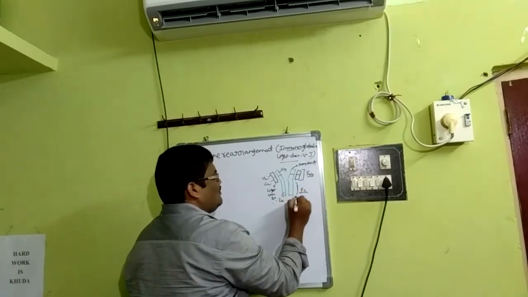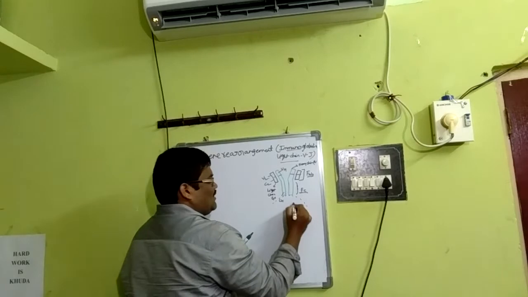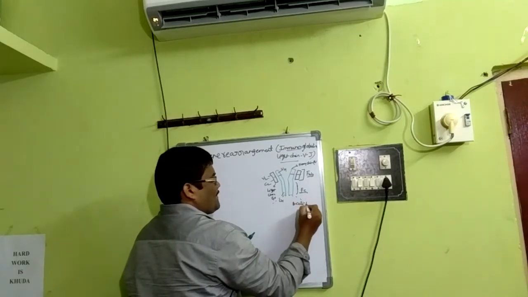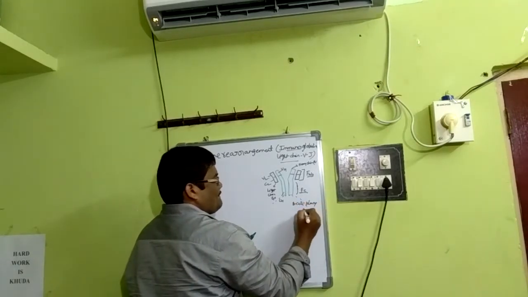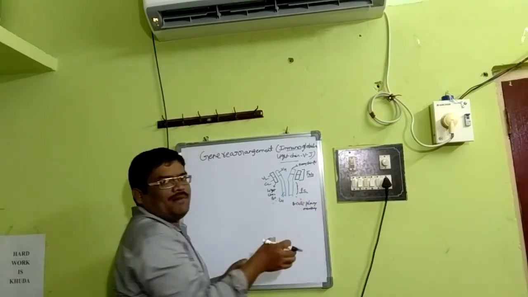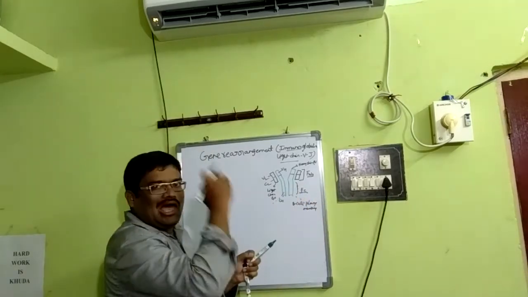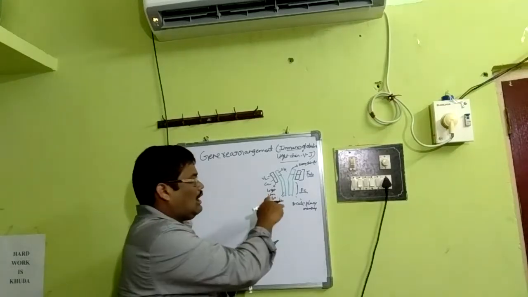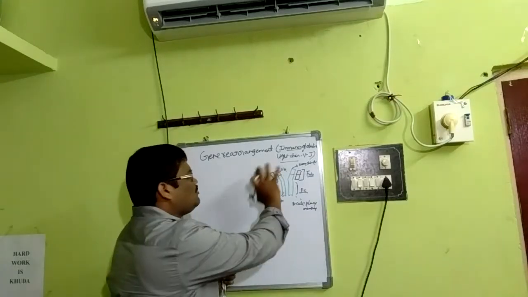Say this is the plasma membrane, that means the B cell plasma membrane. The Fc part binds as a receptor on the surface of the B cell. So that is the basic structure.